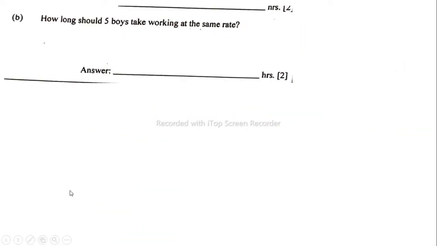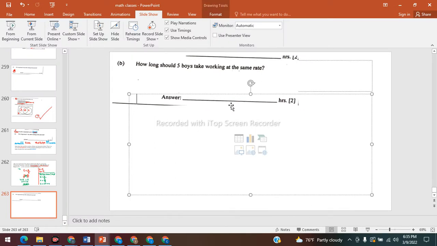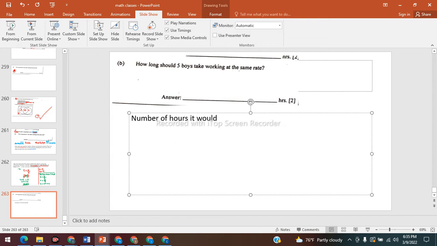The number of hours it would take 5 boys working at the same rate equals 9 times 3, which is 27.